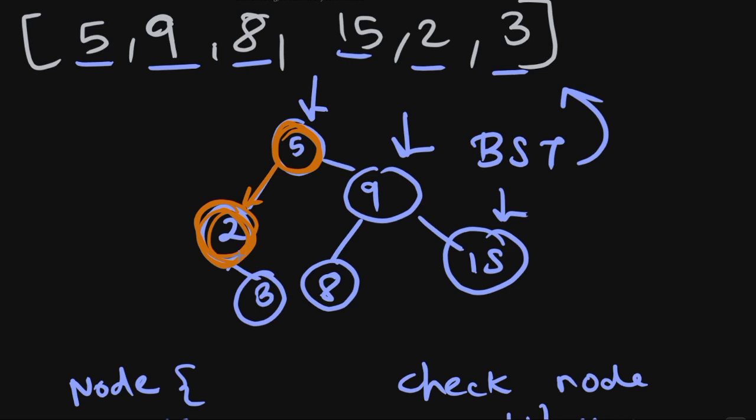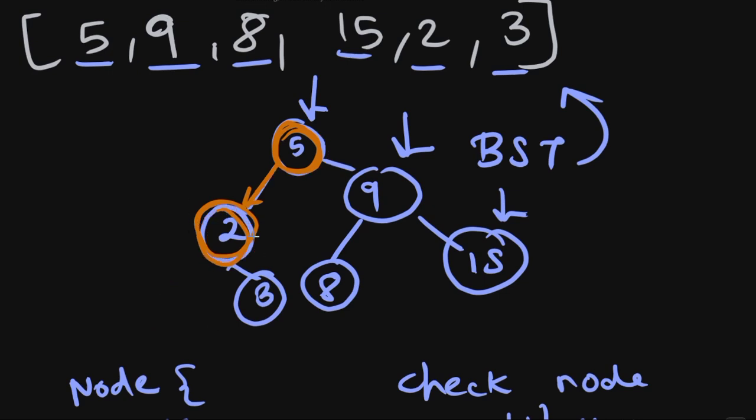Why? Because whenever we move to the left, we are finding a value which is less than the current node. So here it is 5, 2 is less than that. If here it would be 1, then 1 is less than 2, so the 1 will come here. So basically, the minimum value is the leftmost value.